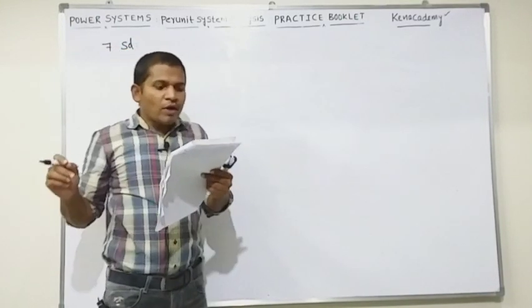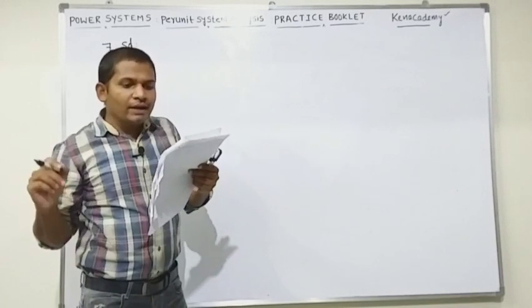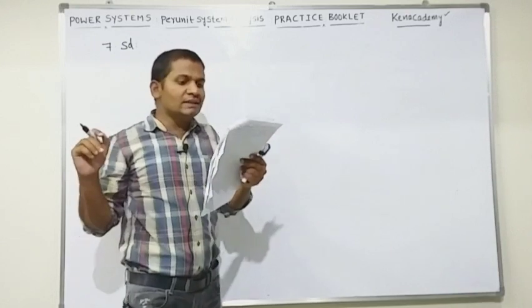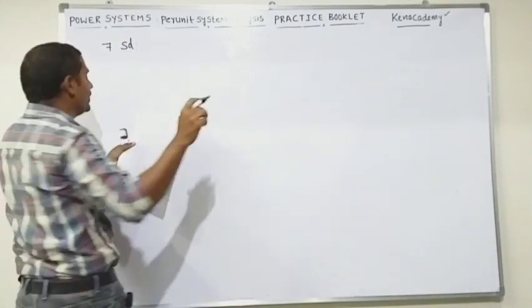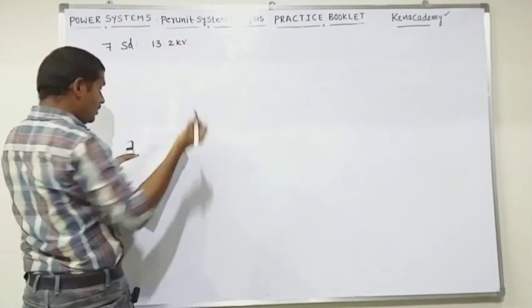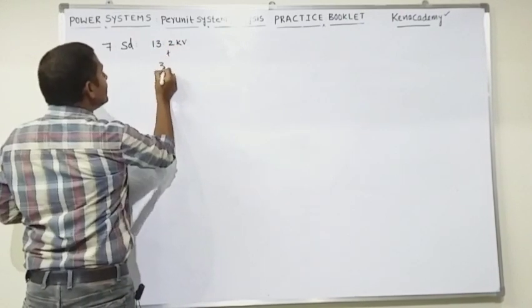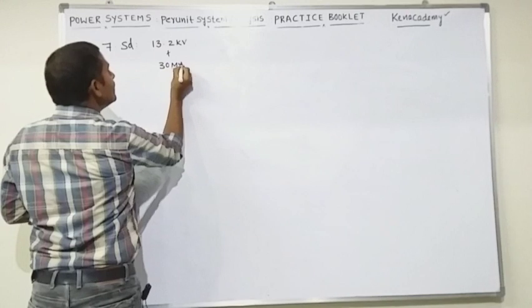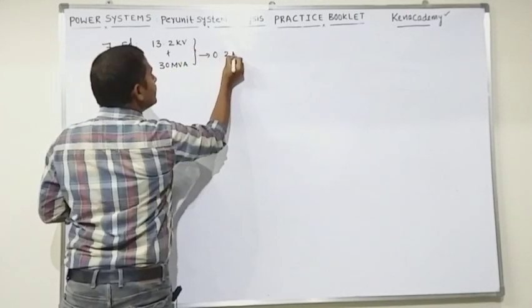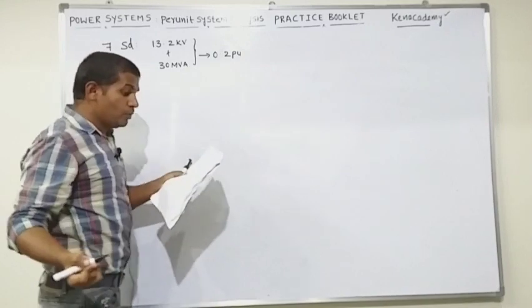The per unit impedance of an alternator corresponding to base values 13.2 kV and 30 MVA is 0.2 per unit.